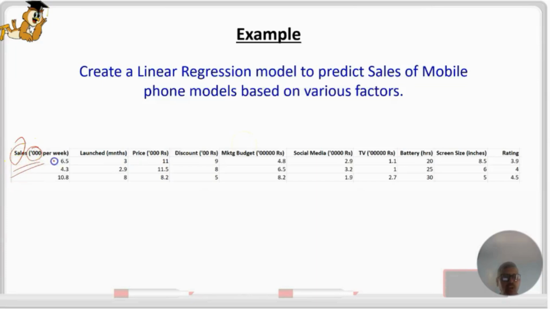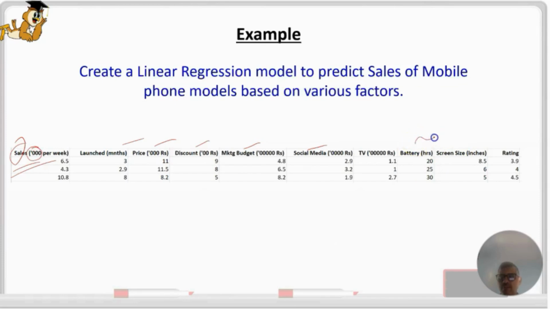Sales per week is what I want to monitor, and my independent variables are the variables that I have tabulated over here, right? So how many months ago the model was launched, the price of the model, the discount I am offering, the marketing budget I have set aside, the social media budget, maybe TV ads, the battery life of the model, screen size.